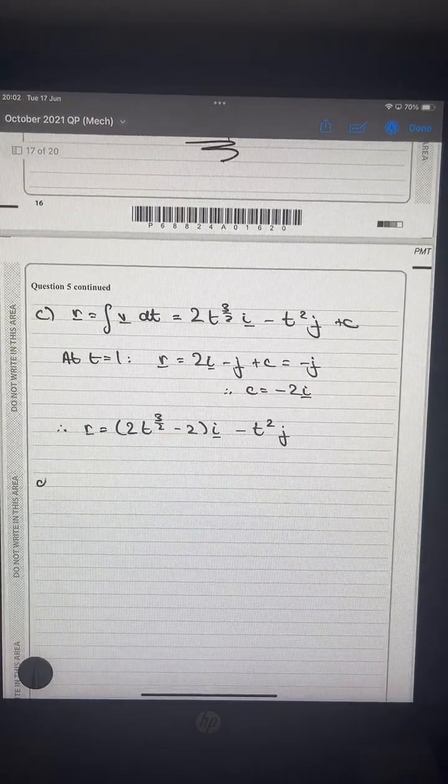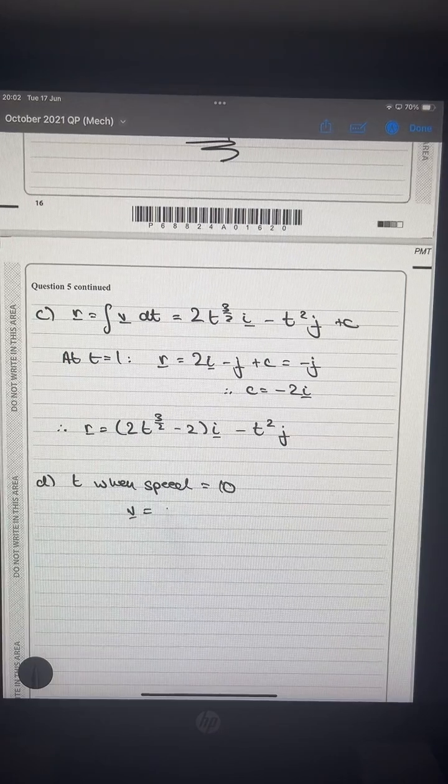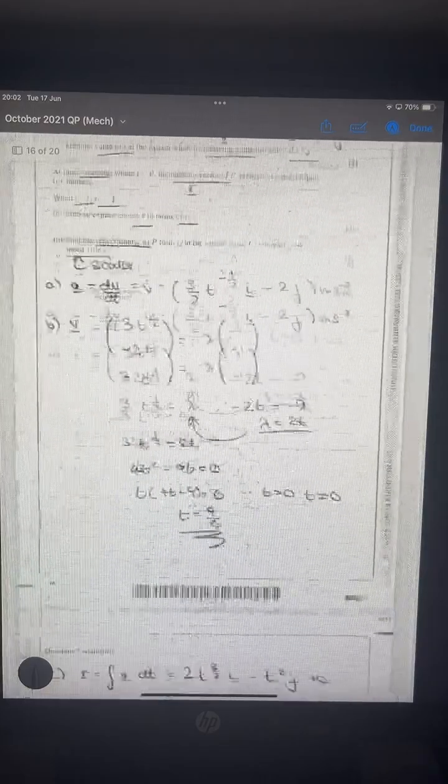So for part D, the time when speed equals 10, well, I know that velocity, and I'm going to write the equation correctly this time, is 3t to the half i minus 2t j. All right, I think that is it. That's correct. Yes, it is.